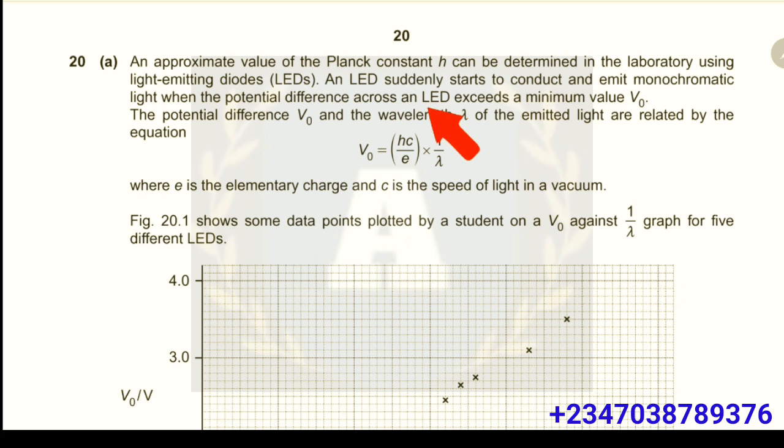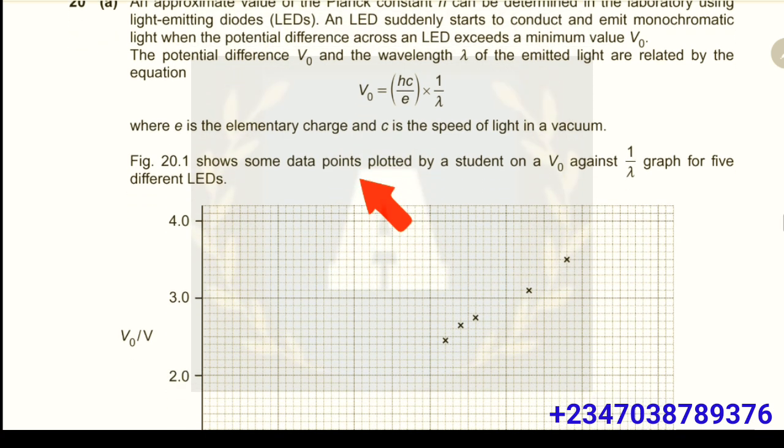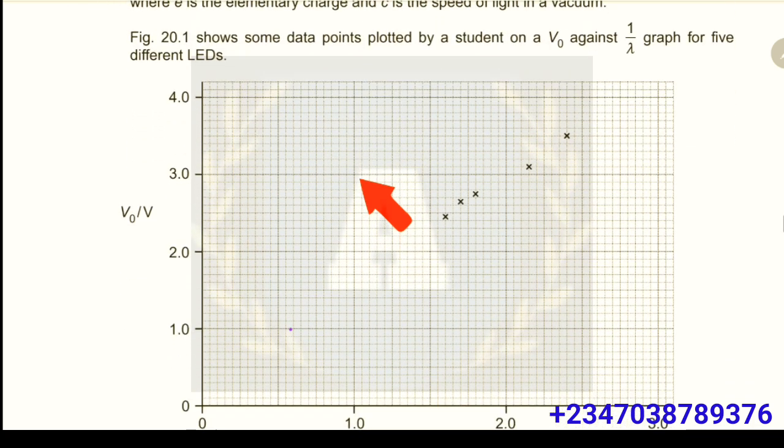The potential difference V0 and the wavelength of the emitted light are related by the equation V0 equals hc over e multiplied by 1 over lambda, where e is the elementary charge and c is the speed of light in vacuum. Figure 20.1 shows some data points plotted by a student on a V0 against 1 over lambda graph for 5 different LEDs.